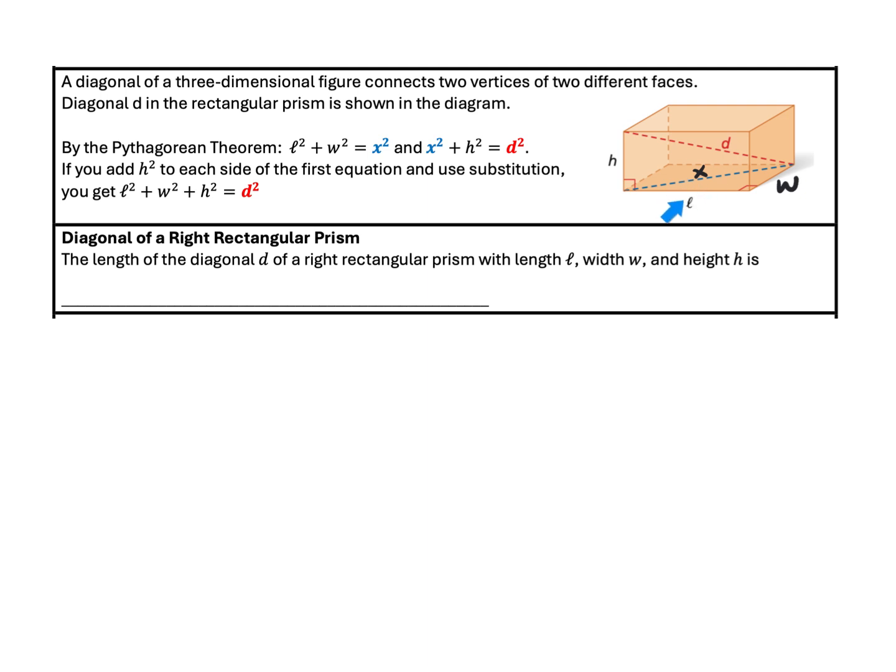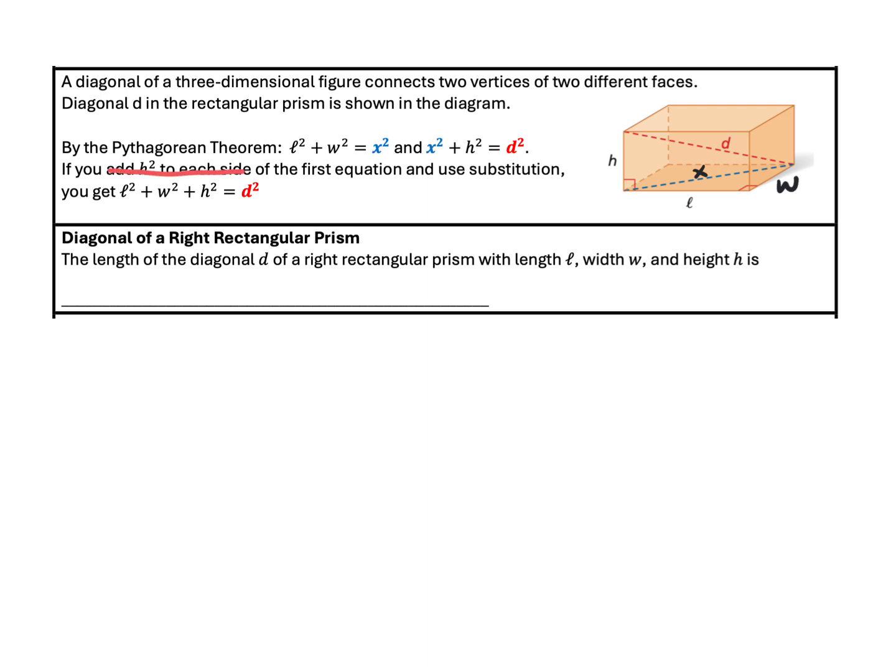For the right triangle at the bottom, if we apply the Pythagorean theorem, it would be L squared plus W squared equals X squared. And then if we apply the Pythagorean theorem for this one that's formed by the height, the diagonal, and the hypotenuse of the bottom triangle, we get X squared plus H squared equals D squared. I'm going to make this simpler than what it says here.